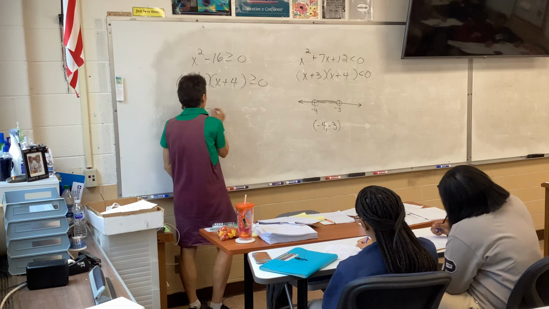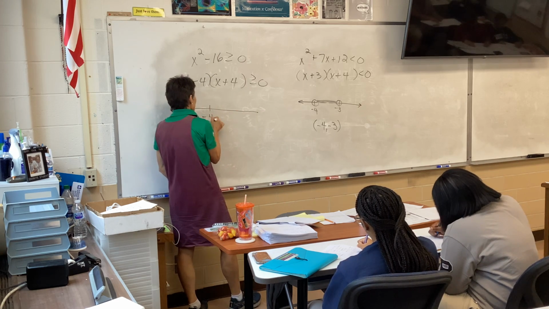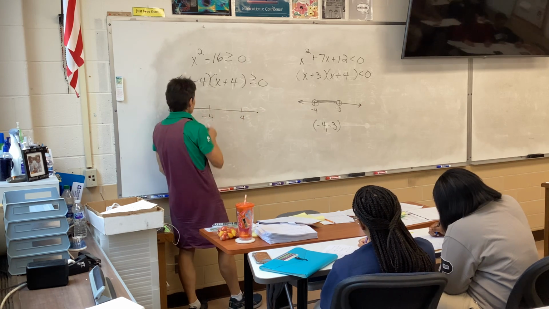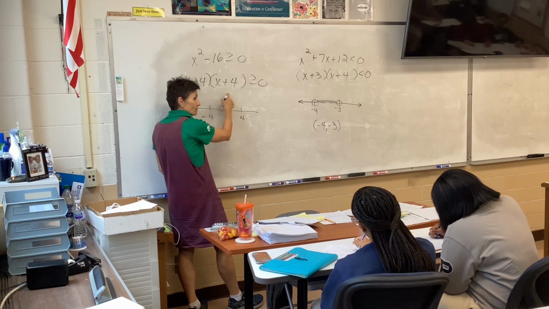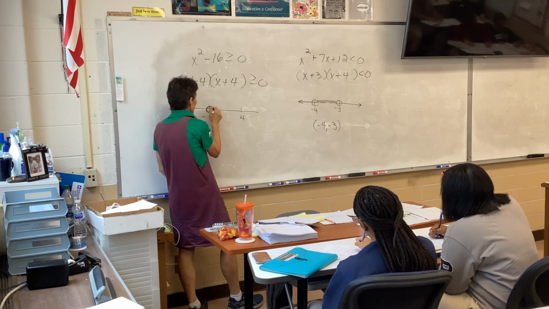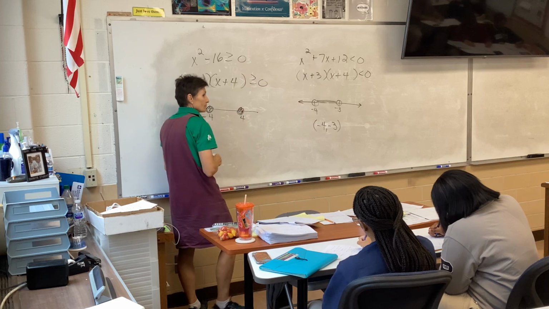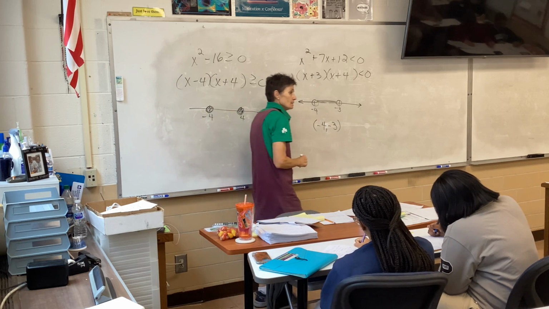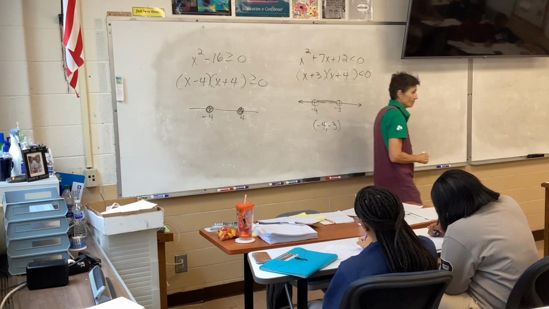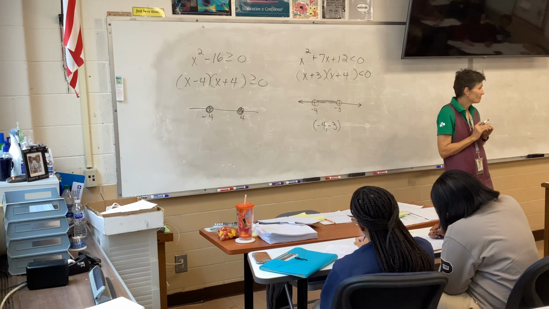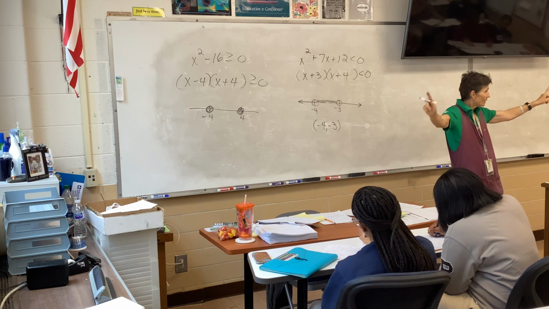So I'm going to draw a number line. I'm going to put a dot at negative 4, and I'm going to put a dot at 4. Does that make sense to everybody? Yep. Those dots are going to be closed. Now it's a greater than problem. A greater than problem means I'm going to shade out.